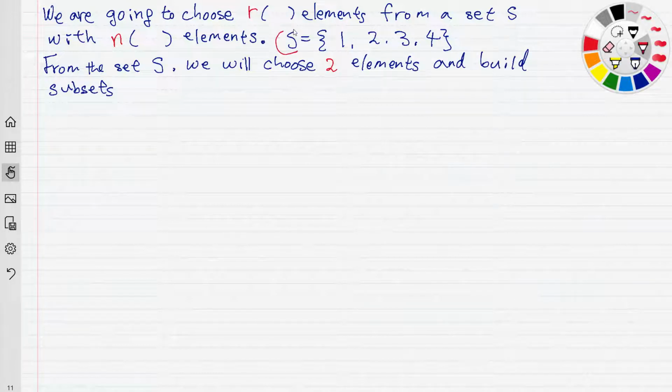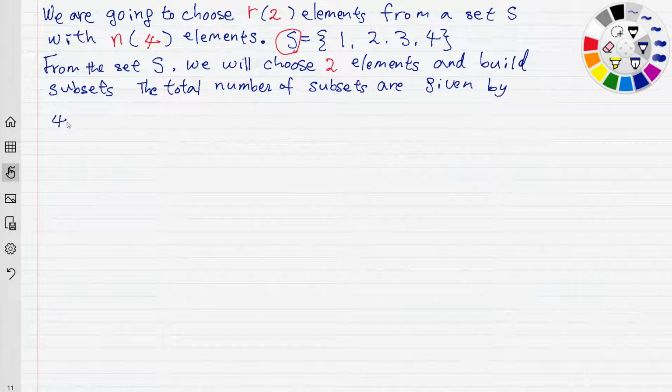Since S has 4 elements, N is 4, and we are going to choose 2 elements, R is 2. So the total number of subsets is given by 4C2. This number happens to be 6.